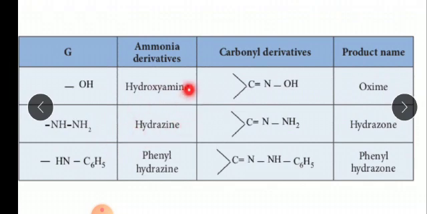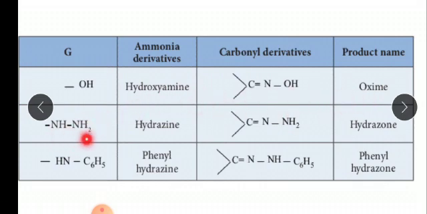And hydrazine, one more derivative of ammonia, is the hydrazine compound. When this hydrazine is treated with an aldehyde or ketone compound, it gives hydrazone. The hydrazine becomes hydrazone. And this is known as phenylhydrazine. The actual formula for the first one is NH2OH, hydroxylamine, which gives the oxime compound.